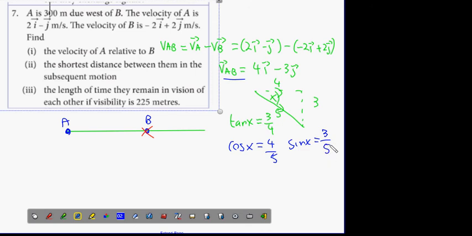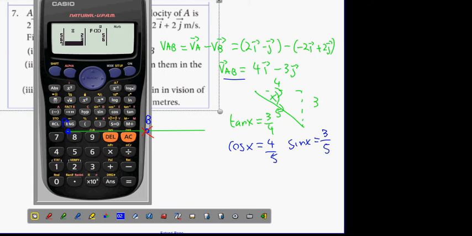Okay. It's the same thing as finding the angle. The only reason you find the angle is to use it to find cos of that angle. We're better off just with the fractions anyway. But nonetheless, I'll tan inverse 3 over 4. And there you go.